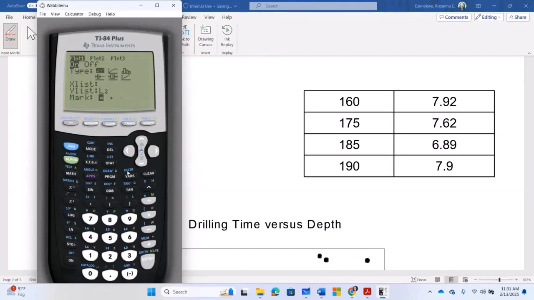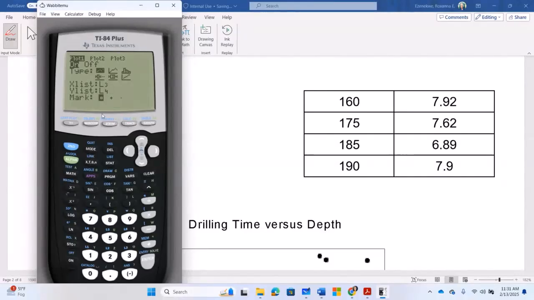And that's what it did for me now. So the scatter plot will be L3 and L4 because my predictor variable is in L3, response variable is in L4.